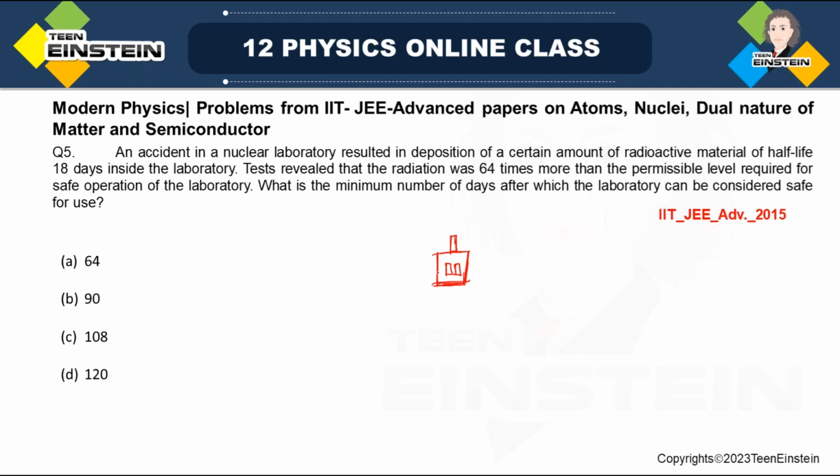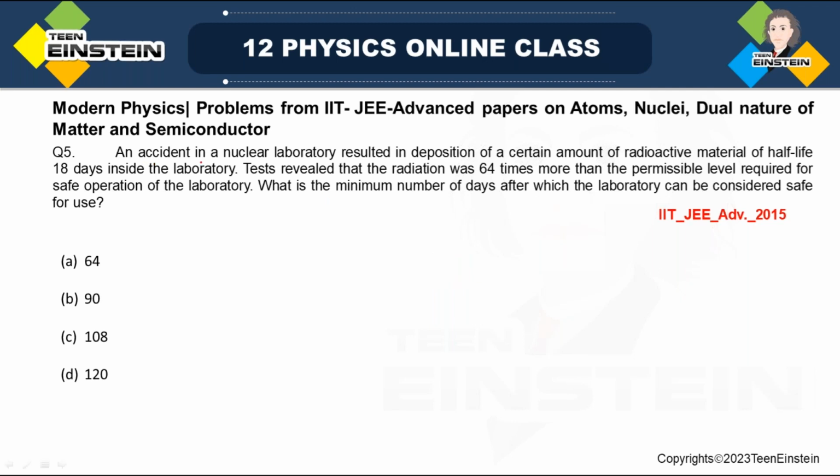There is a counter for how many radioactive particles are penetrating our body. If this value goes beyond the permissible value, then it can cause harm to our body. Okay, so that is the thing.